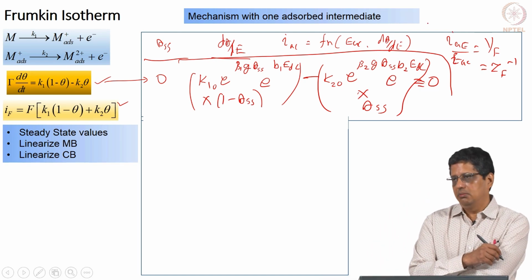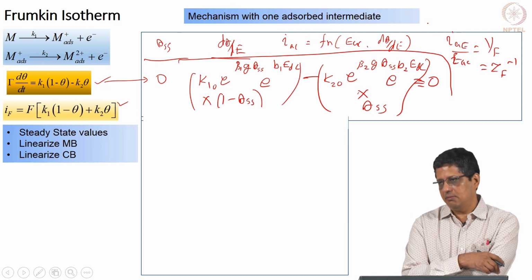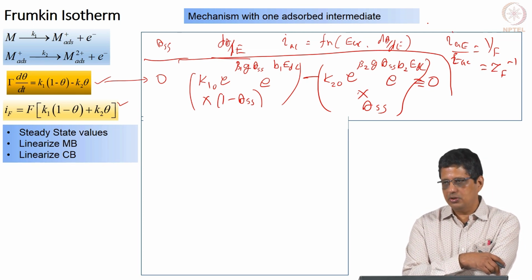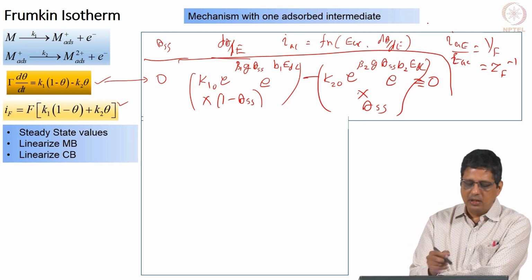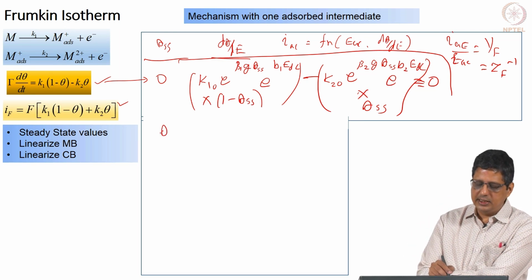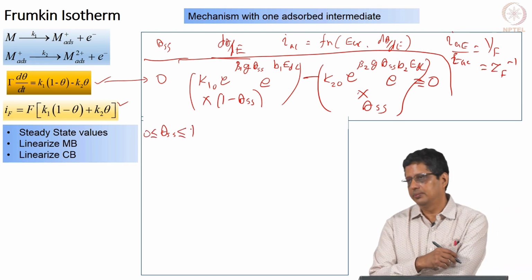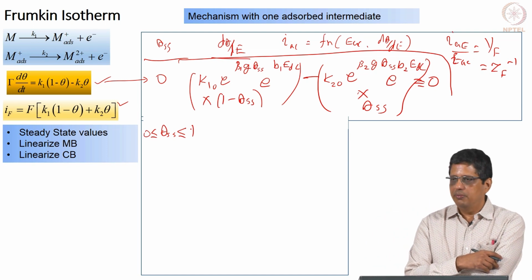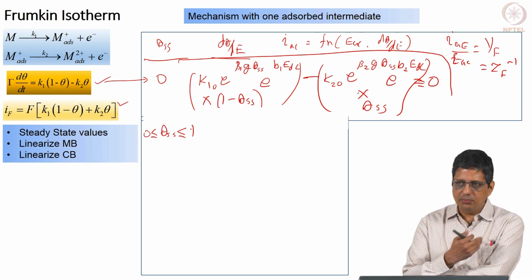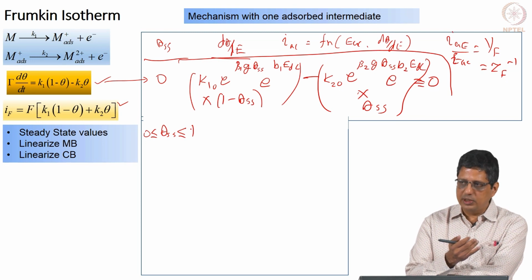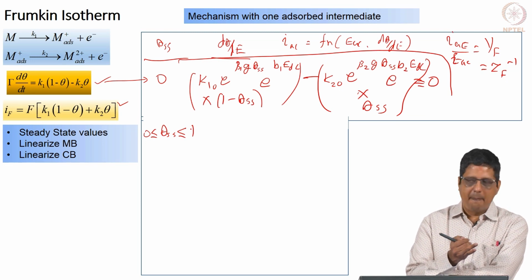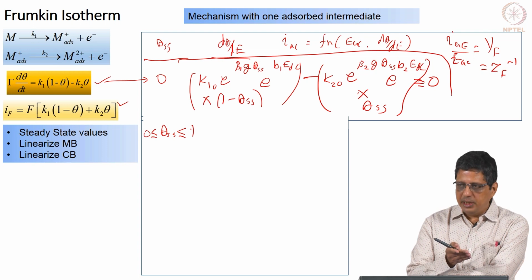This equation we cannot solve analytically, we will have to use a numerical method to solve it. When you use a numerical method, this is easy to solve though, because theta SS lies between 0 and 1. So, you can take Excel, this assumes, of course, that I have already given you k1 0, g, beta 1, b1, k2 0, beta 2, b2, all those values.